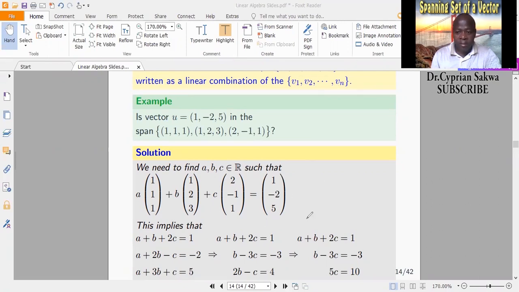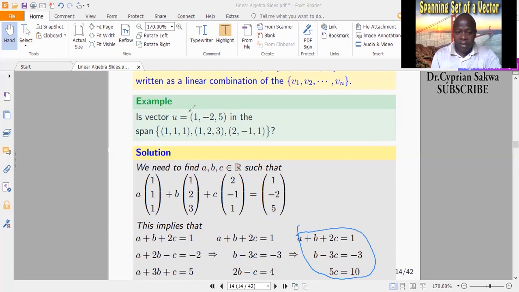So far, we've learned many methods of solving systems of linear equations. Using row reduction, reducing to echelon form, I arrive at this point where I can see that our scalar C can be obtained. If C can be obtained, then the rest of the other scalars can also be obtained.